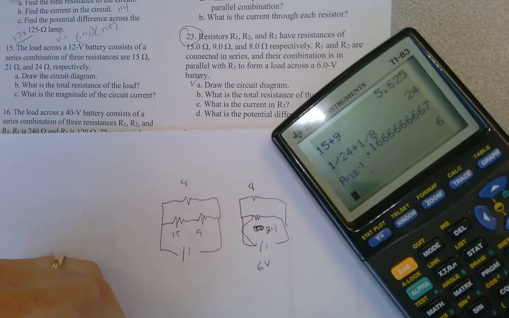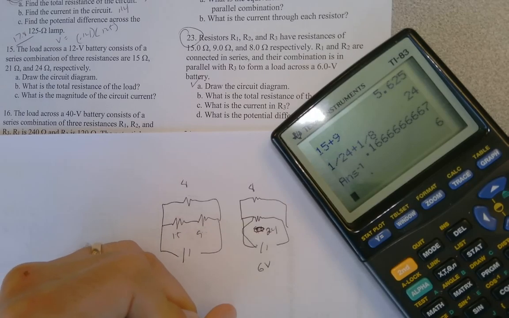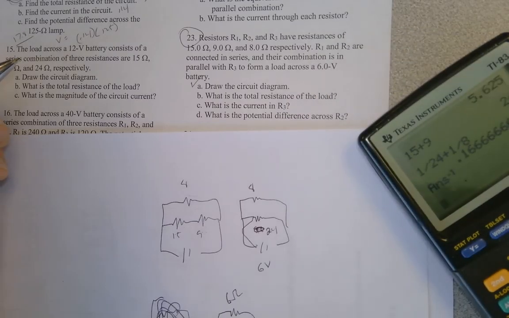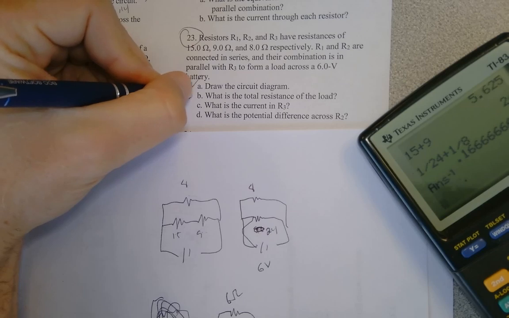So the equivalent is 6 ohms. Hey, look at that. Isn't that cute? I cannot draw this thing at all with a 6 ohm resistor, right? So that's the equivalent. The total resistance of the load is just 6 ohms.